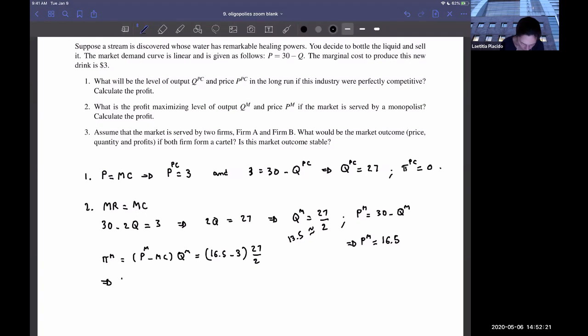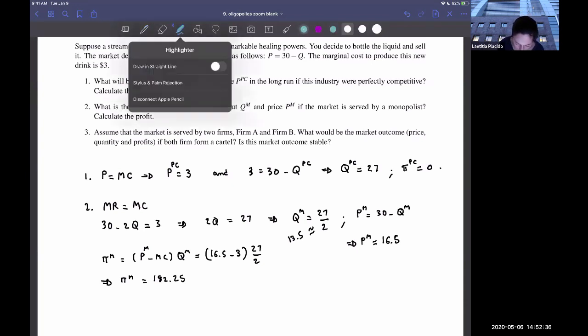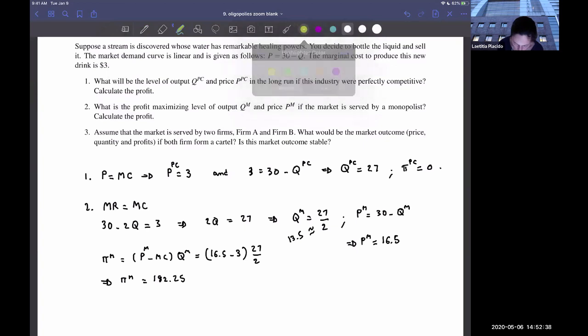So if you calculate this, you end up with 182.25. All right, so I'm just going to highlight this. So that's the price, that's the optimal quantity, and that's the profit. Okay.